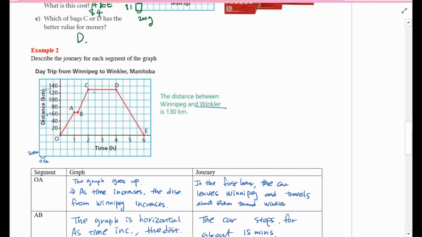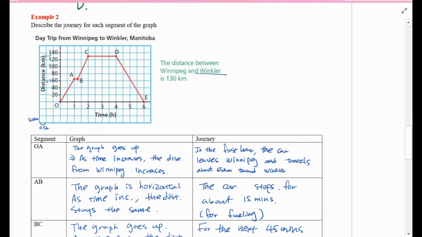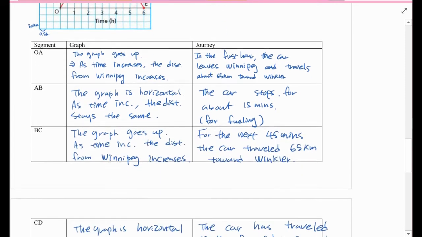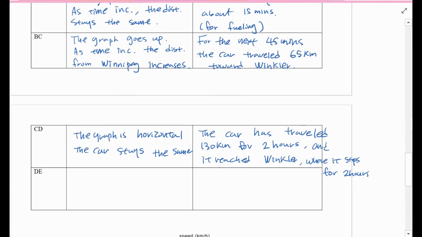Look at this. So the car stops for 2 hours here, right? And the car goes back home. The car didn't stop at all. From Winkler to Winnipeg, the car straightly went back home, right? DE.